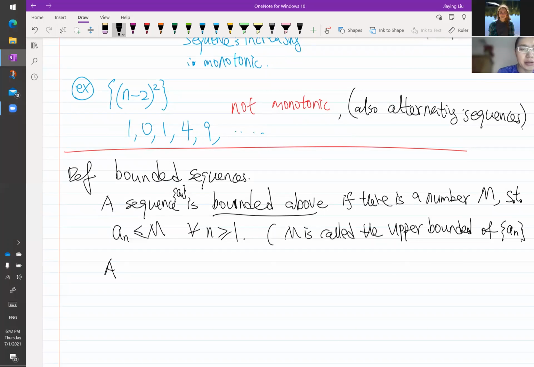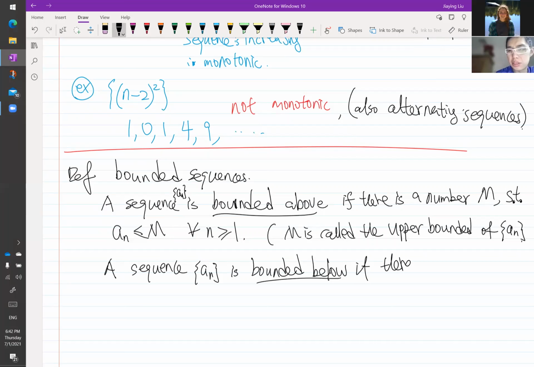And then another definition: a sequence a_n is bounded below if there is a number, lowercase m, such that a_n is greater or equal to lowercase m for all n greater or equal to 1.